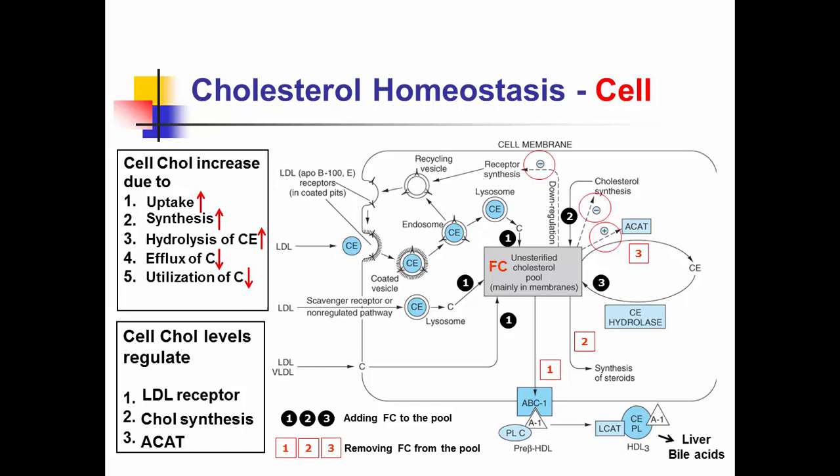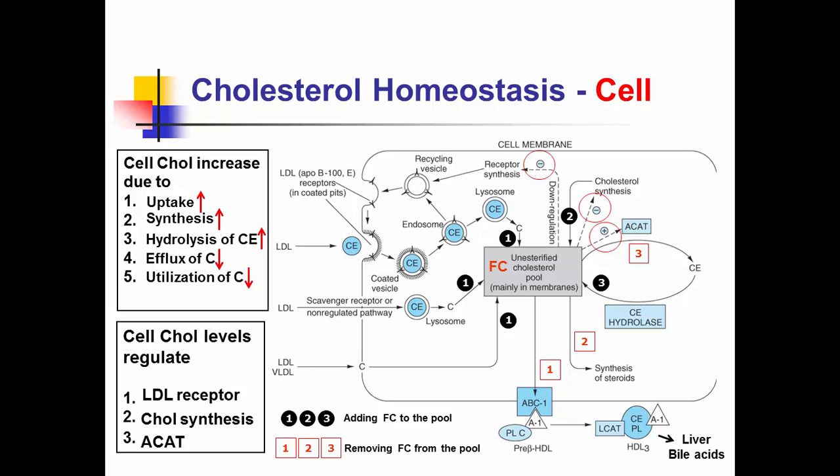Remember this, right? So this pathway also contributes to the free cholesterol level inside of cells. If efflux of free cholesterol is decreased, then you will also have an increase of free cholesterol inside of the cell, right?